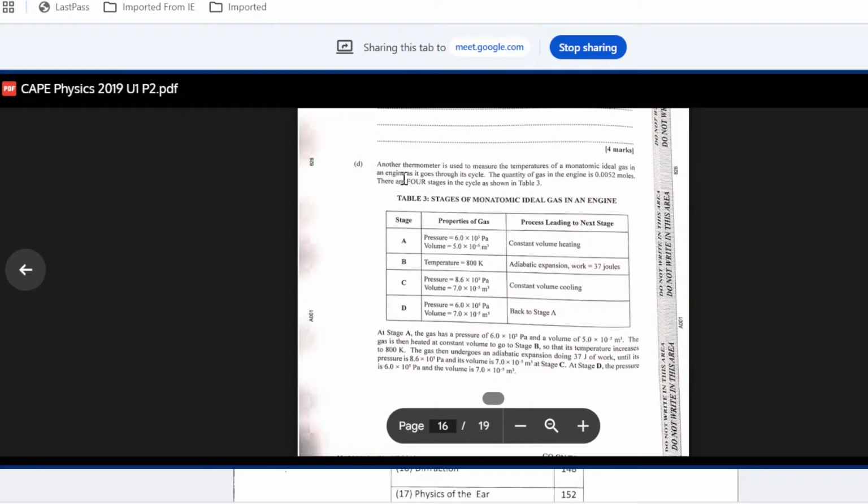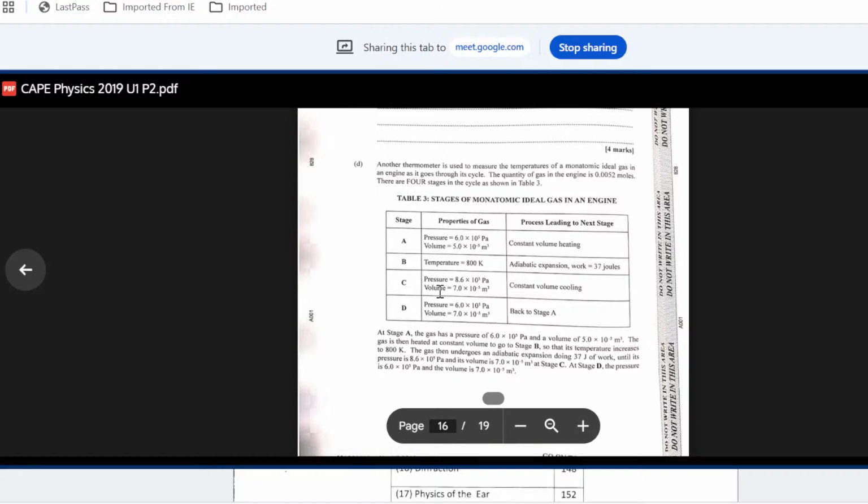All right, so another thermometer is used to measure the temperature of a monoatomic ideal gas in an engine as it goes through its cycle. The quantity of gas in the engine is 0.0052 moles. There are 4 stages in the cycle as shown in table 3.